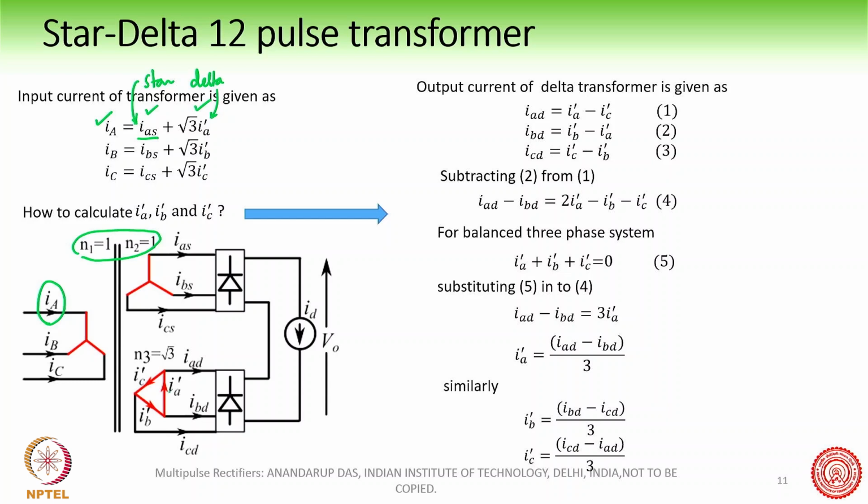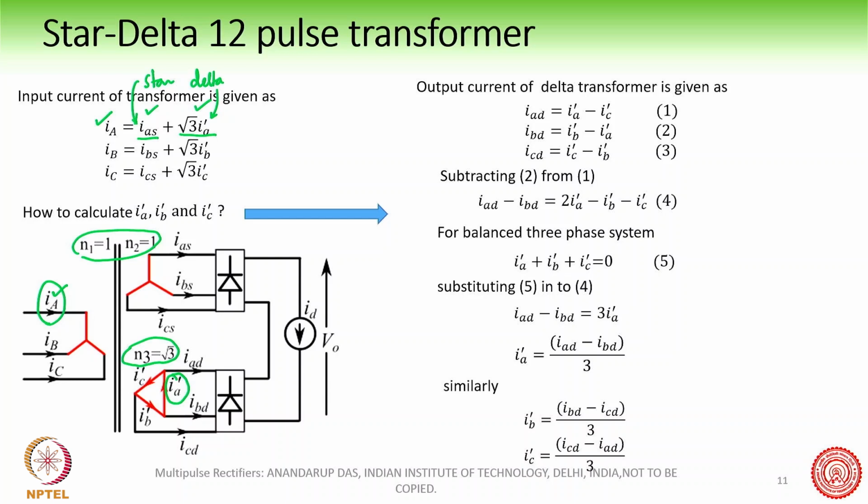This current here will have an MMF balance with this IA dash current. But now you have a √3 factor that will come into the picture, because this turns ratio is √3.